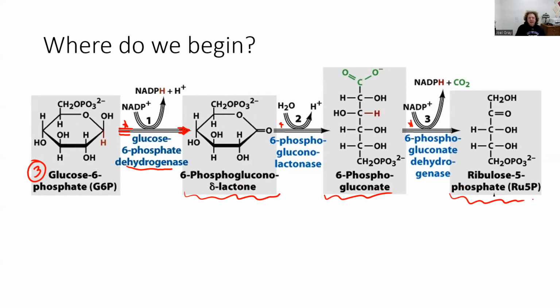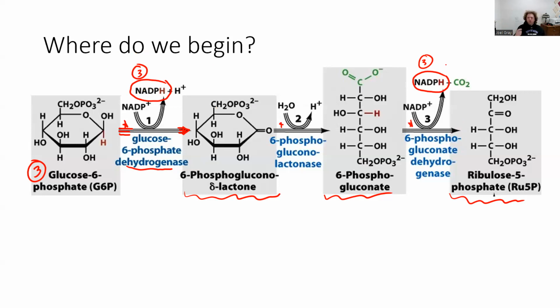What that means is that every single place where we see NADPH, one of our products for the pentose phosphate pathway, we're actually getting 3 of those. Here's a second one. You've got 3 of those. So when we start the pentose phosphate pathway, we've got 3 glucose 6-phosphate molecules.